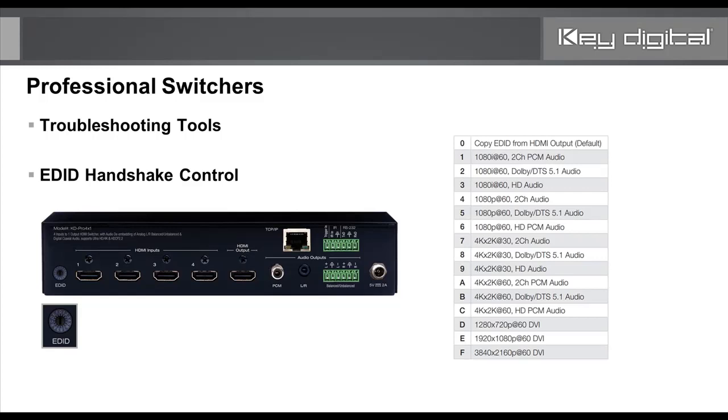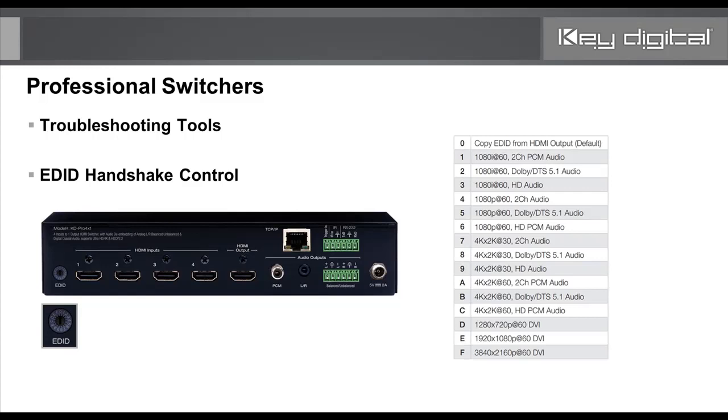And so all of your connected sources, whether they are selected or not, are receiving the handshake at all times. So all 4 sources will think that they are connected one-to-one to a monitor. That monitor happens to be called KeyDigital. So even if they're not the selected source, they will output their audio-visual signal and it just makes the switch time at the television, at the monitor, that much faster.